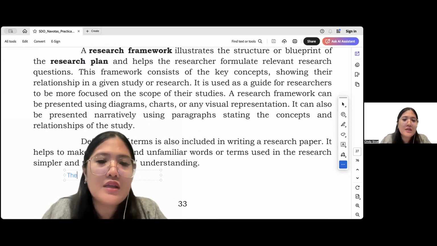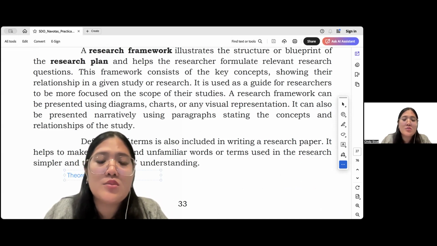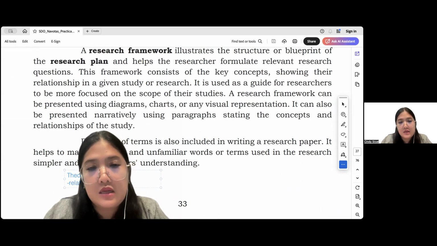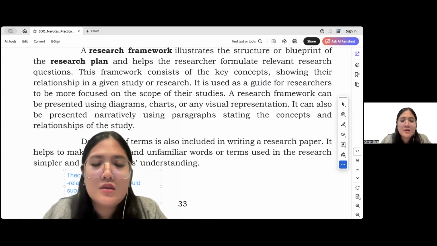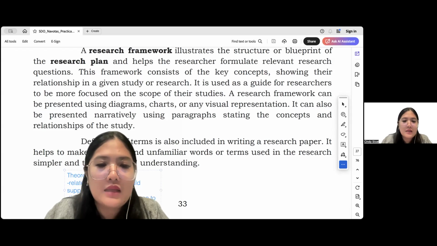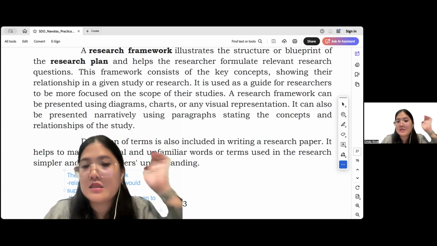So for the theoretical framework, although it was already mentioned in the conceptual, this is where the researcher would look for related theories that would support the study. These are theories that are evident or seen to be applied in the study, okay, or operationalized in the study.